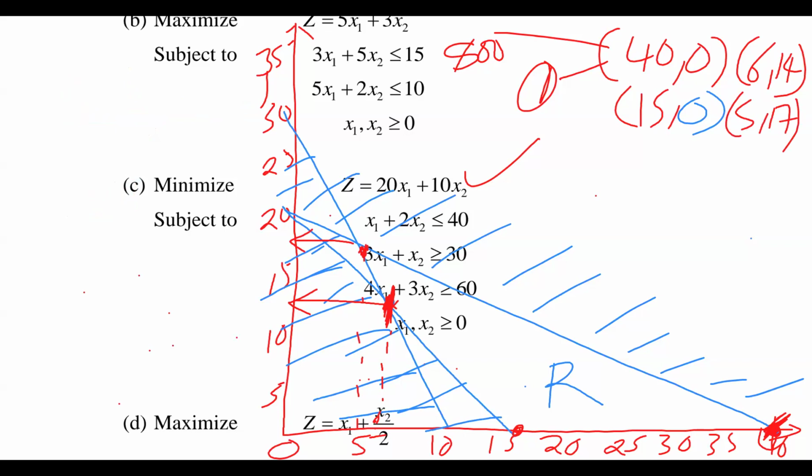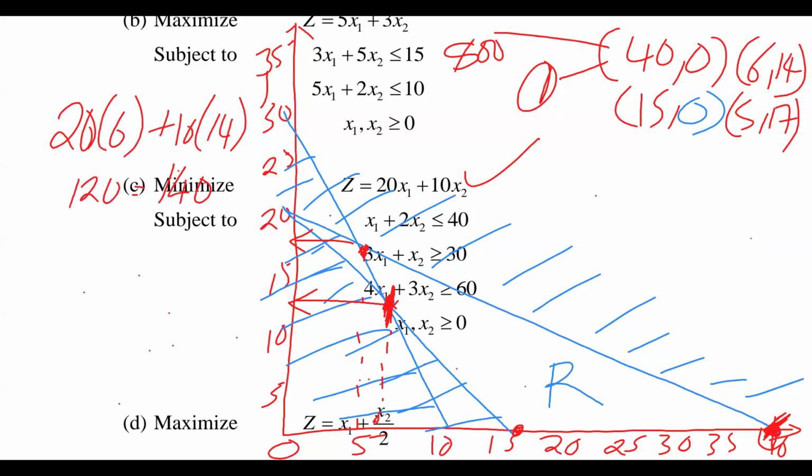6, 14. So it will be 20 multiplied by 6 plus 10 multiplied by 14. 10 times 14 is 140. Plus 20 times 6 is 120, right?